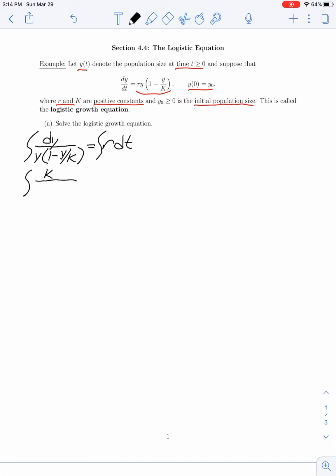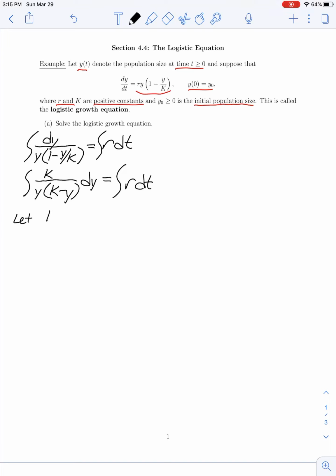If I were to multiply the numerator and denominator of this fraction by k, I would have k over y times k minus y dy, and this is equal to the integral of r dt.